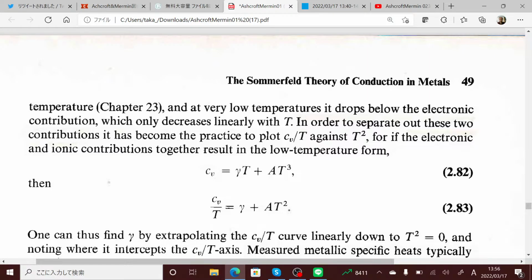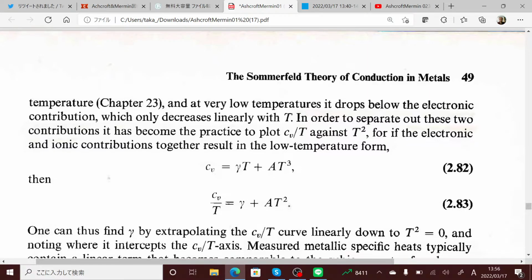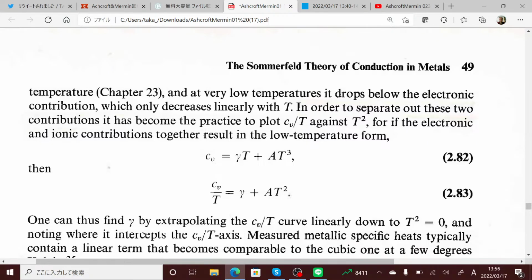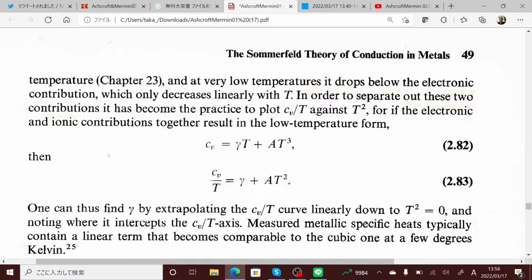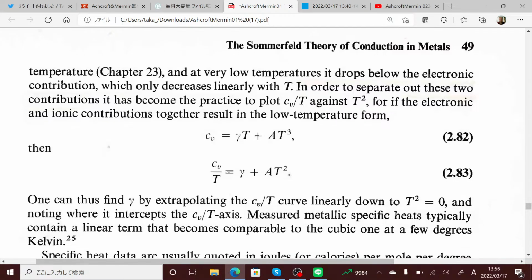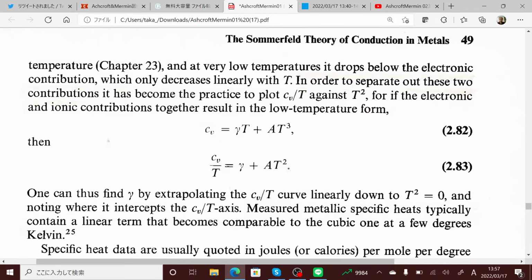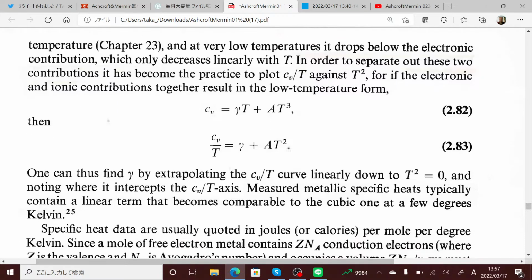In order to separate out these two contributions, it has become the practice to plot Cv over T against T squared. For if the electronic and ionic contributions together result in the low temperature form, constant volume specific heat Cv equals gamma T plus A T cubed, then Cv over T equals gamma plus A T squared.